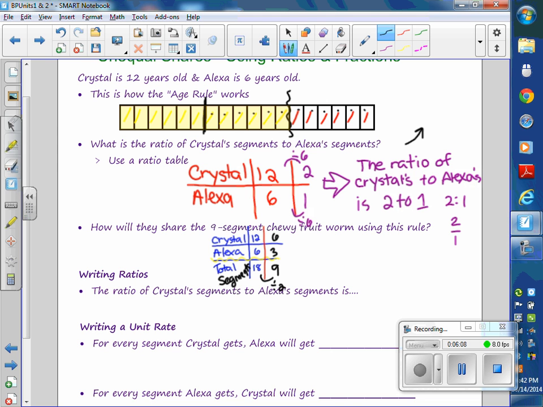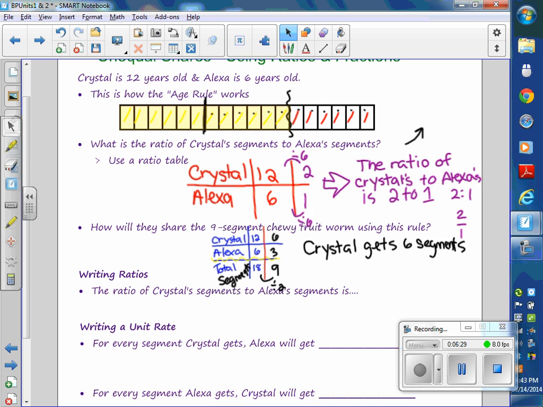So, in other words, if they're sharing a 9-segment chewy fruit worm, Crystal gets 6 segments, and Alexa gets 3. That's how the second unit works.